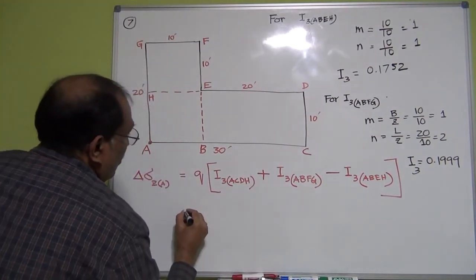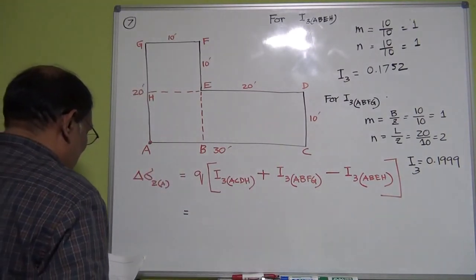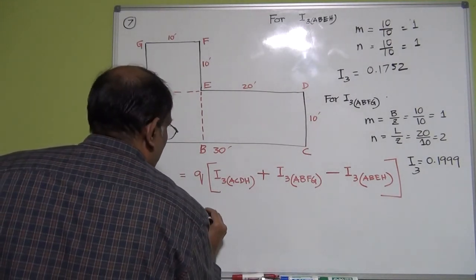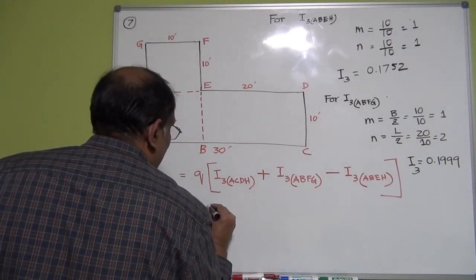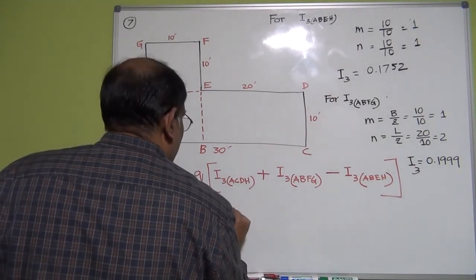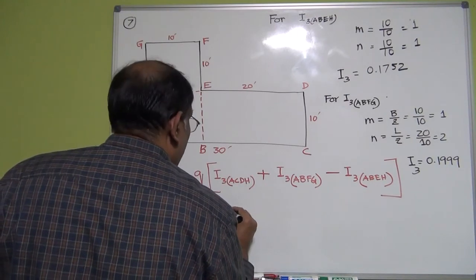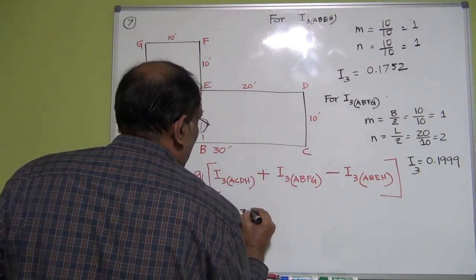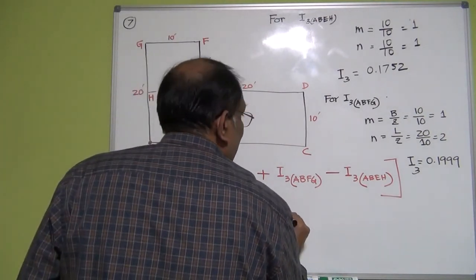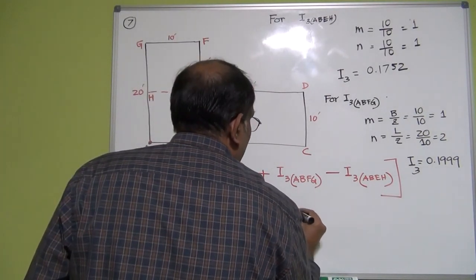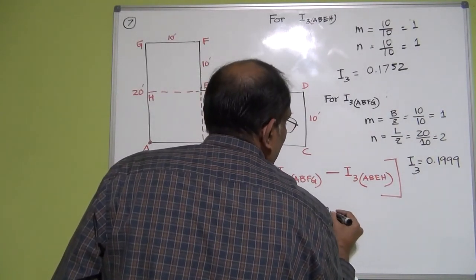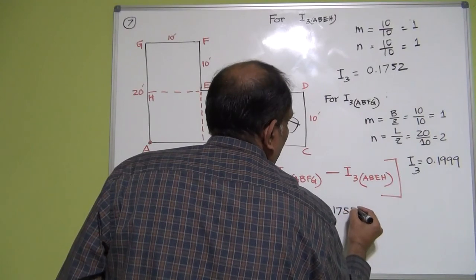So if I plug all those values in, that would be Q equal to 8 KSF, times I3, that is 0.2034 plus 0.1999 minus 0.1752.